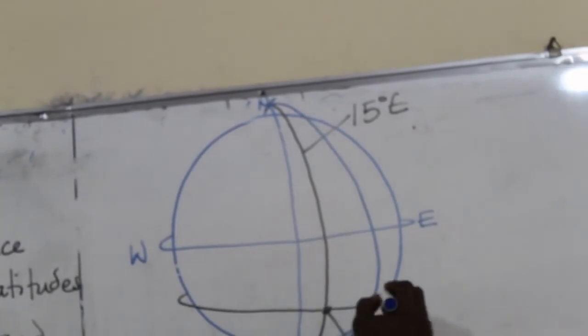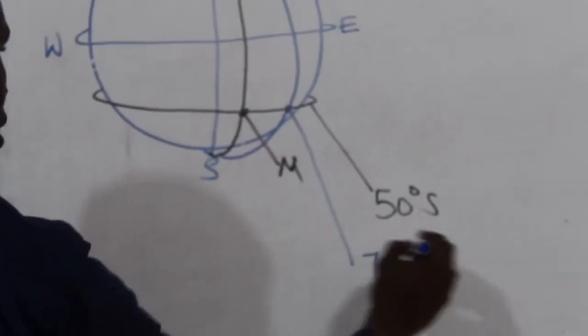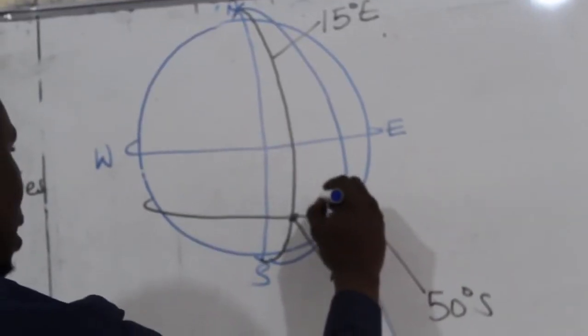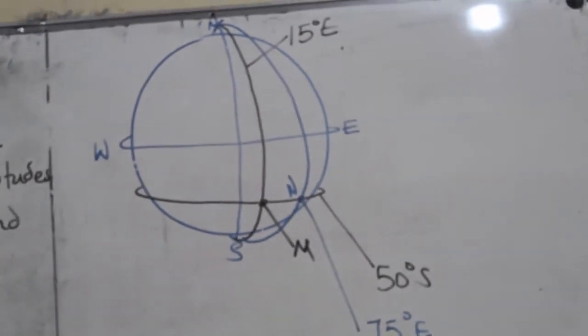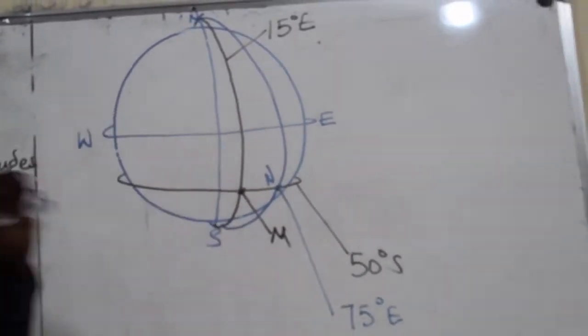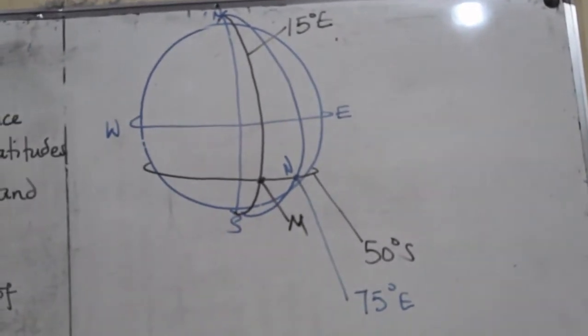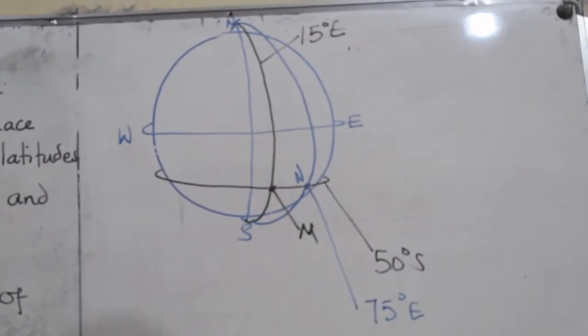So this point represents my 75 degrees east, and this is where my N is. That's all. This diagram alone carries some mark. It shows you are getting the steps in the question.